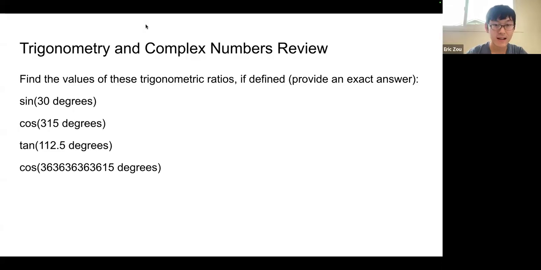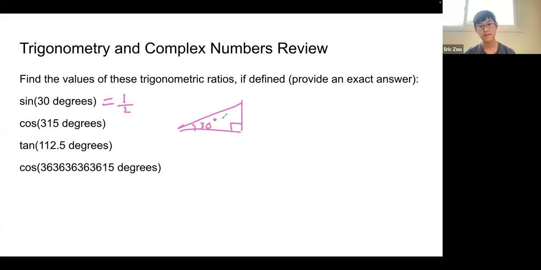Yeah, that's correct. So this one would be 1/2. Because if you draw a triangle like this with 30 degrees over here, maybe you remember from special right triangles. This is 1, this is 2, this is root 3, up to scaling, but that doesn't matter.